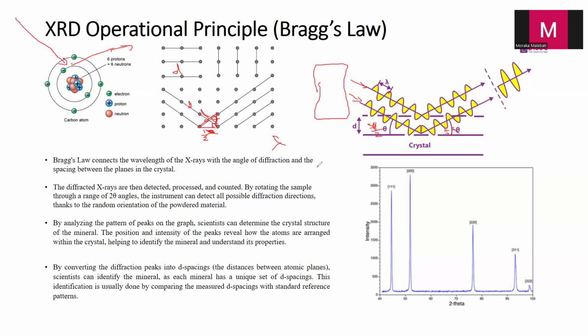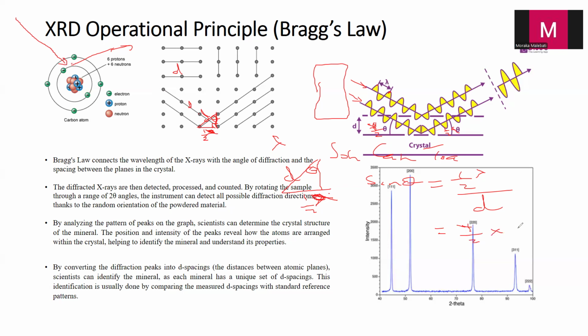Let me redraw it over here. Sorry about that. So we have half the wavelength, then we have the angle theta, and then the distance d. From trigonometry, sine theta is the opposite, which is half the wavelength, divided by the distance d.